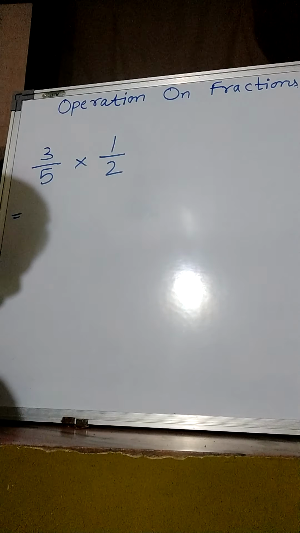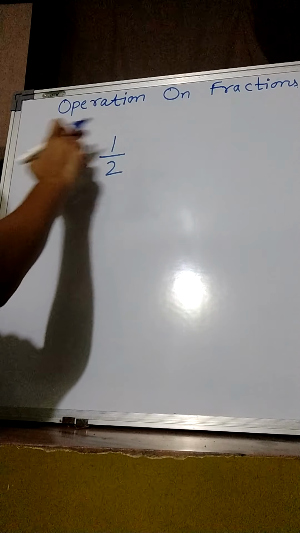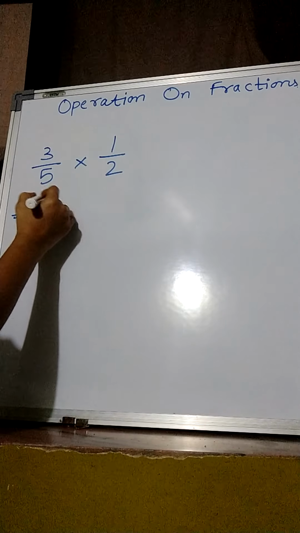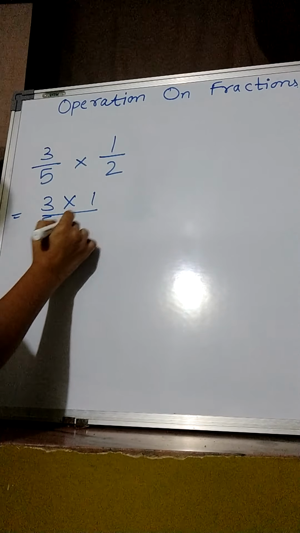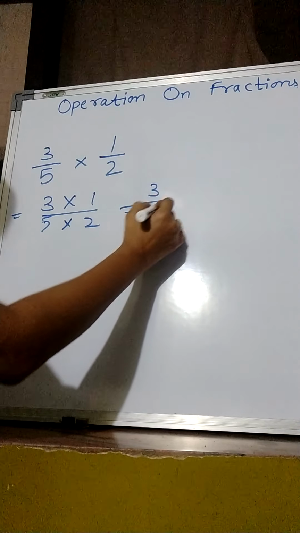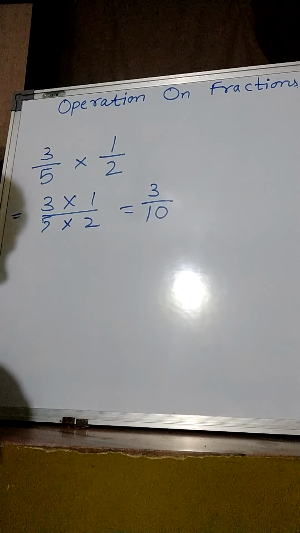In multiplication, you need not make the denominators the same. You can directly multiply numerator with numerator and denominator with denominator. So 3 multiplied by 1, 5 multiplied by 2. 3 ones are 3, 5 twos are 10. Answer is 3 upon 10.